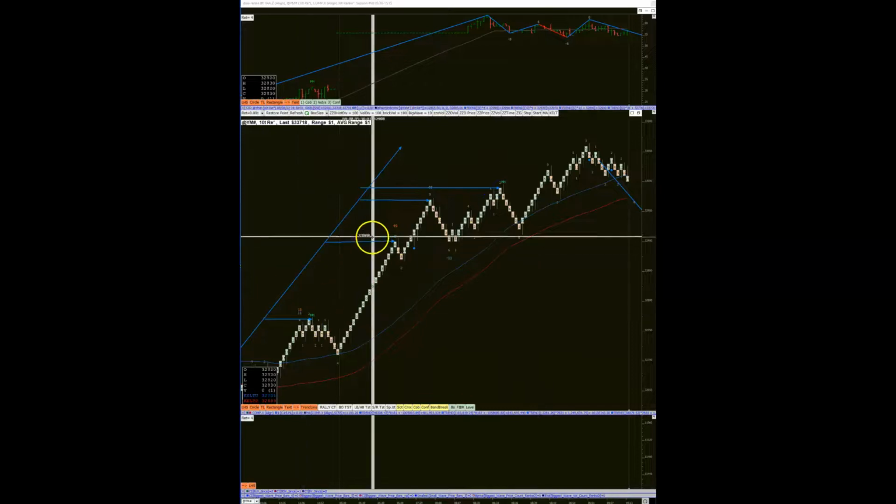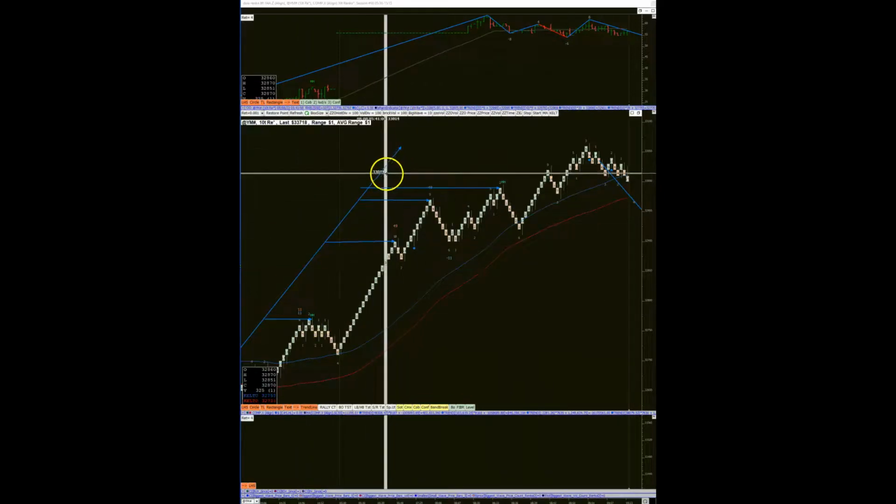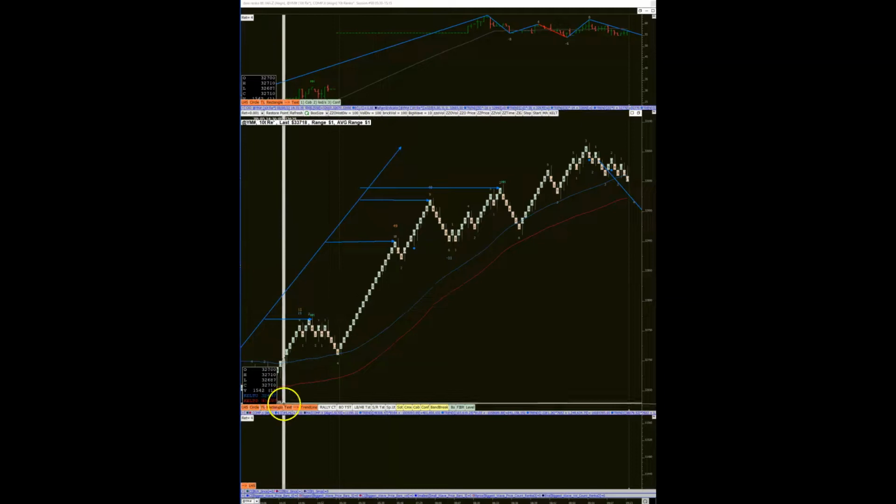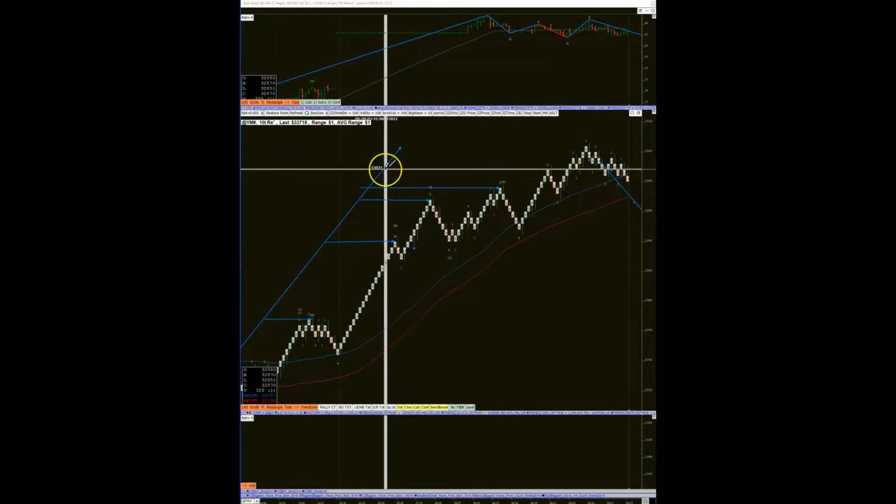See, look, the gaps between high to high is shortening.